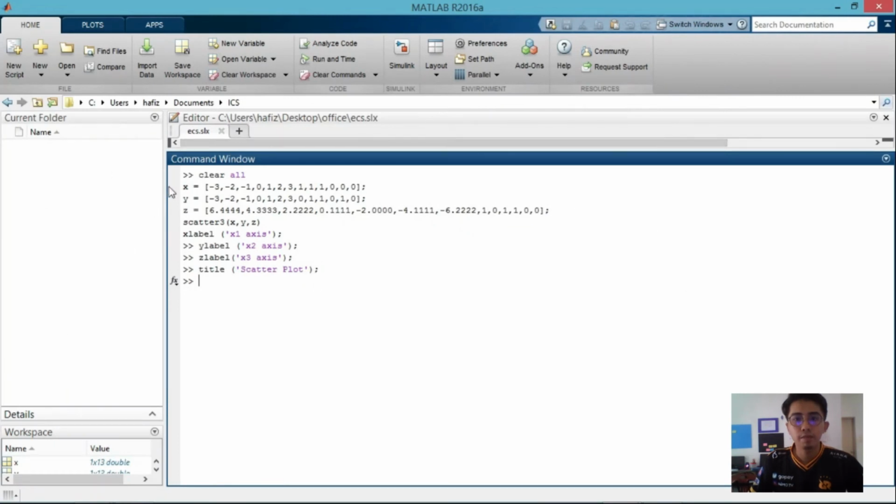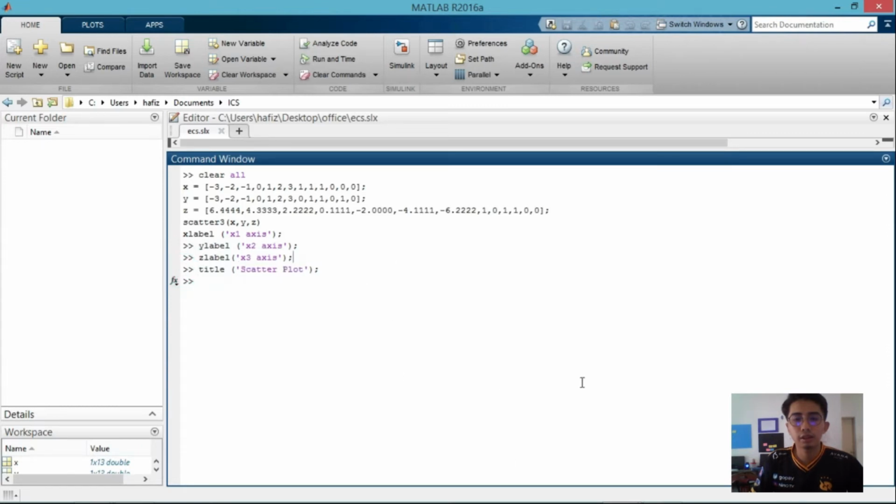Okay, we open MATLAB and we insert the input for X, Y, and Z, and then we are going to plot by typing scatter3 X, Y, Z. Then we are going to label each of the axes, the X1 axis, the X2 axis, the X3 axis, and the title.